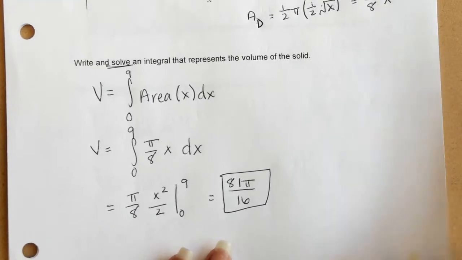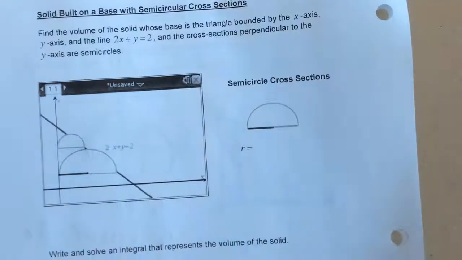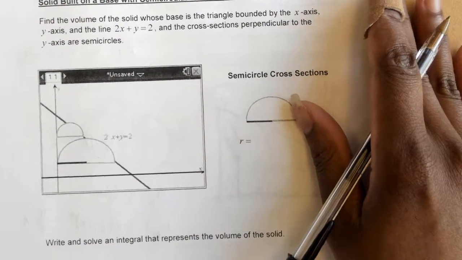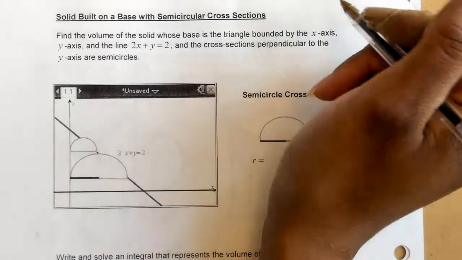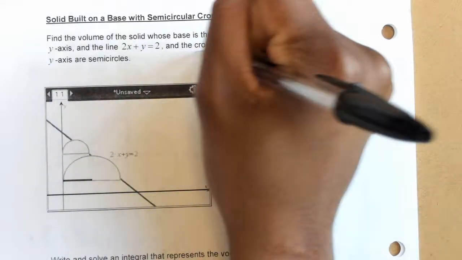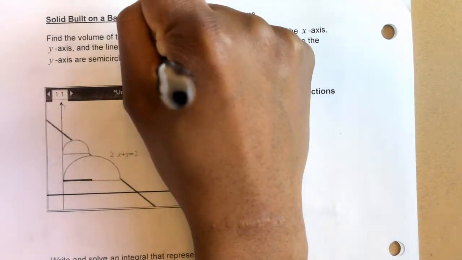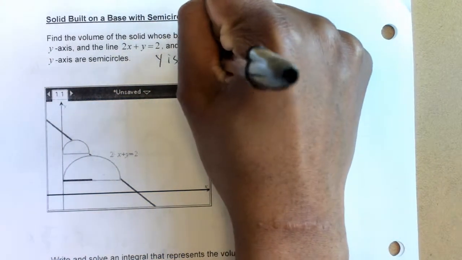Now we'll look at this similar problem, but now with our cross sections perpendicular to the y-axis. Okay, so if our cross sections are perpendicular to the y-axis, then y is the variable.